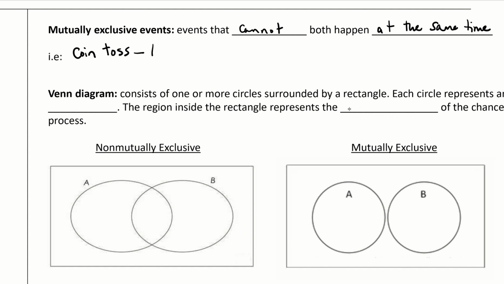Getting heads and tails are mutually exclusive events. And this is for a single coin toss, so I should probably mention that. Heads and tails can't happen at the same time, right?